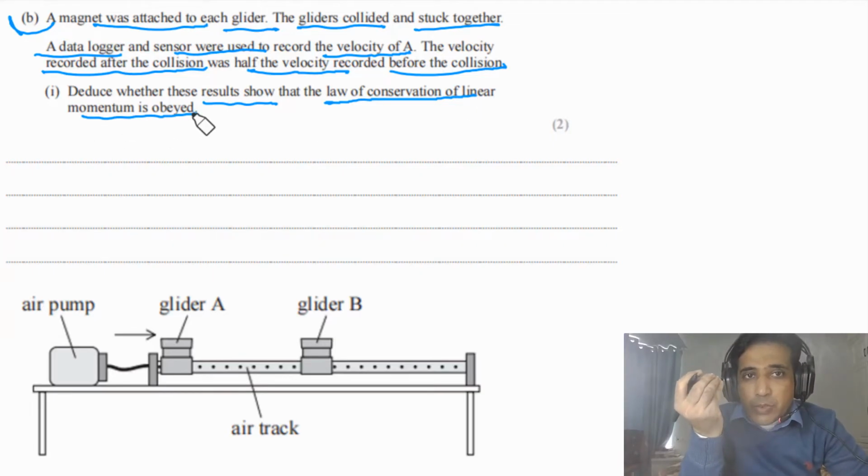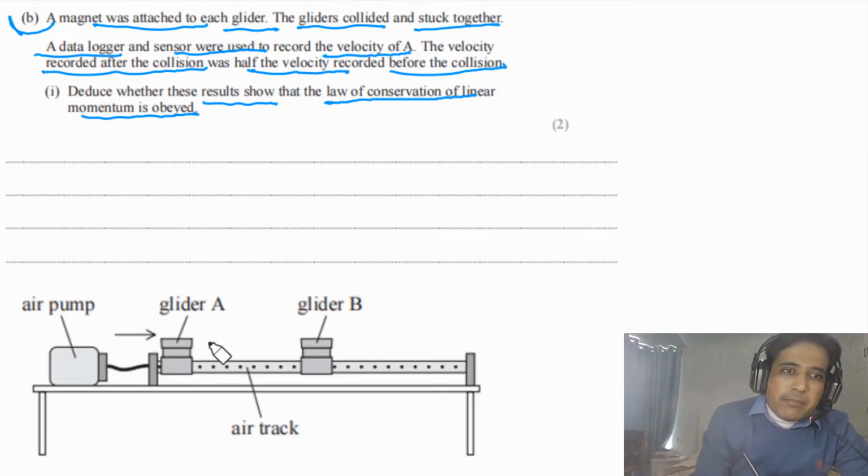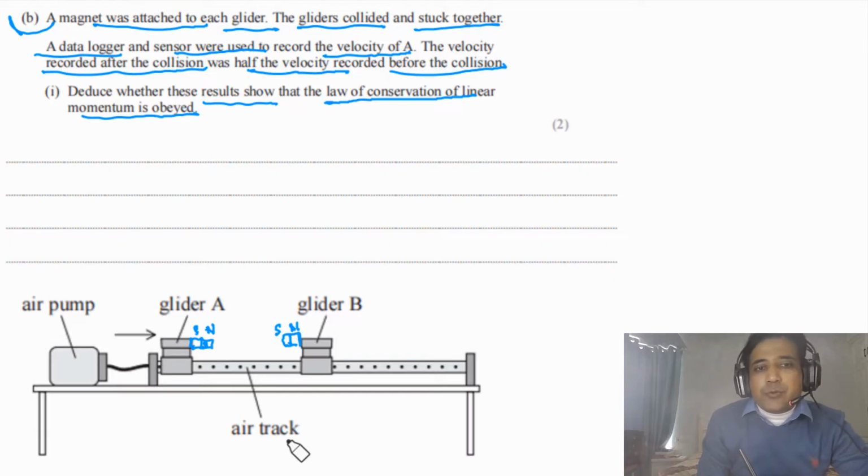So this question is quite straightforward, but there is a little problem with it because they have mentioned there is a magnet attached to each glider. So you can simply imagine here is a magnet, so we can draw here. Let's say this is the N pole of the magnet, and this is the S pole. Then another magnet is attached here. This magnet has its S pole here because they stick together, and this is the N pole.